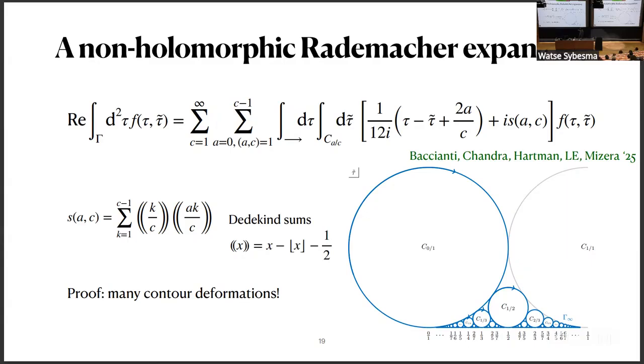So there is a version, and this basically holds for any modular function. There's some boundedness condition that if you compute this integral over the fundamental region, well, really that's kind of a Lorentzian version of the fundamental region, and you want to know the real part, because the imaginary part is easy, you can express this as an infinite sum over a contour integral, this is now in tau and tau tilde, of the same function.